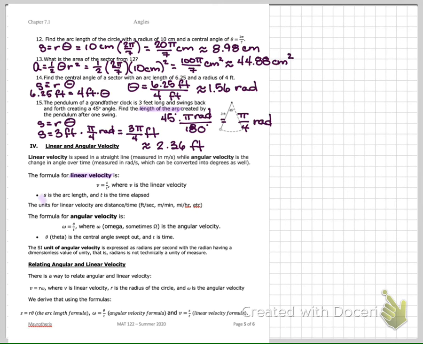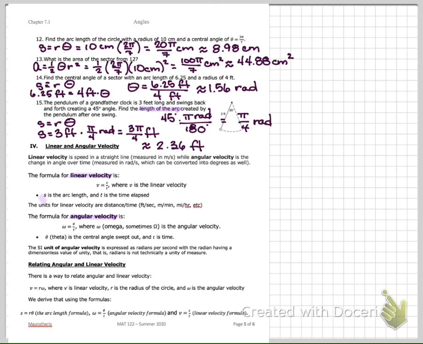We've also got a formula for angular velocity. So our angular velocity looks like a fancy little W, that's an omega, and omega equals theta over t, where theta is the central angle that we're moving through over the amount of time that it takes us to sweep through that angle. Okay.